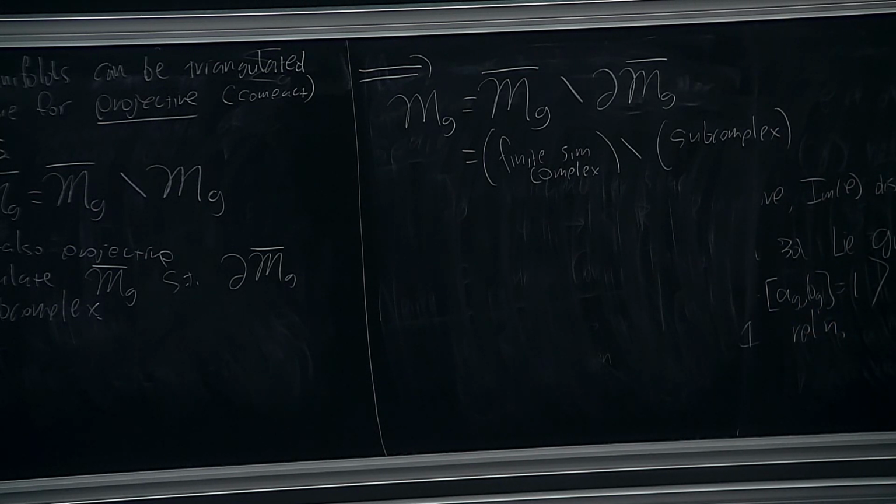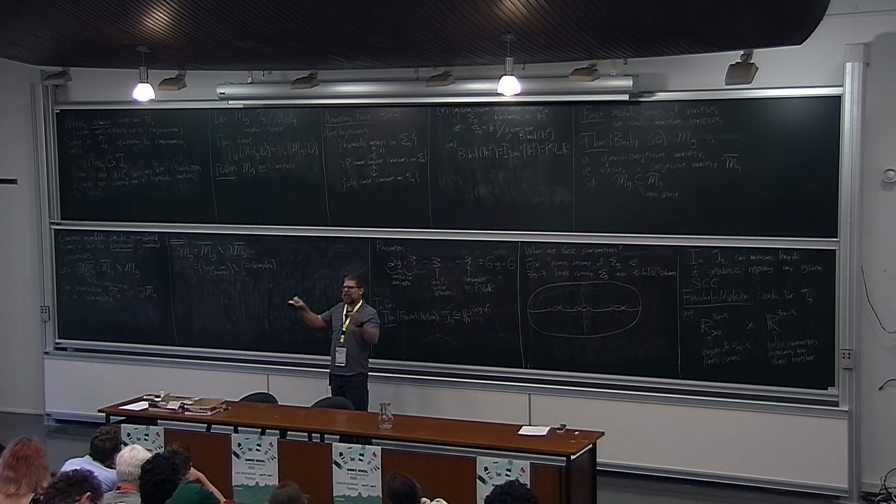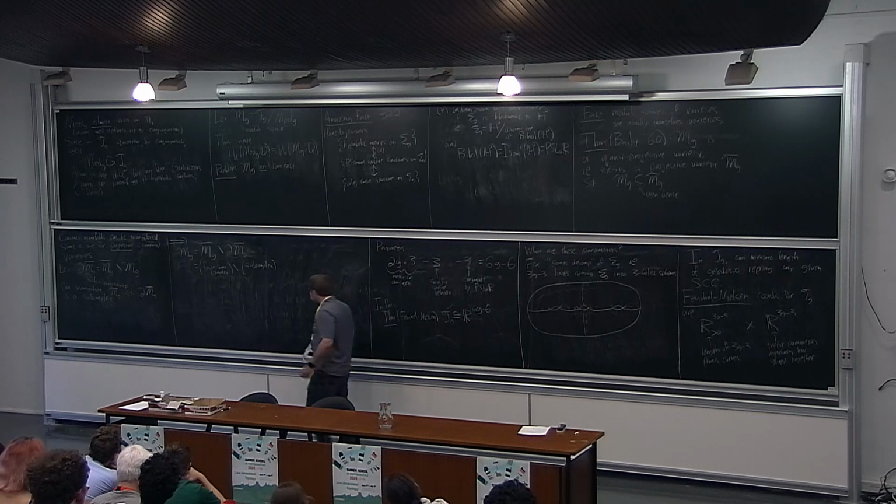That's the next best thing to a compact space, right? If we take a finite simplicial complex and remove a subcomplex, it's no longer a simplicial complex. For instance, if you take a triangle and remove the three vertices, that's not a simplicial complex anymore. But it's homotopy equivalent to a finite simplicial complex.